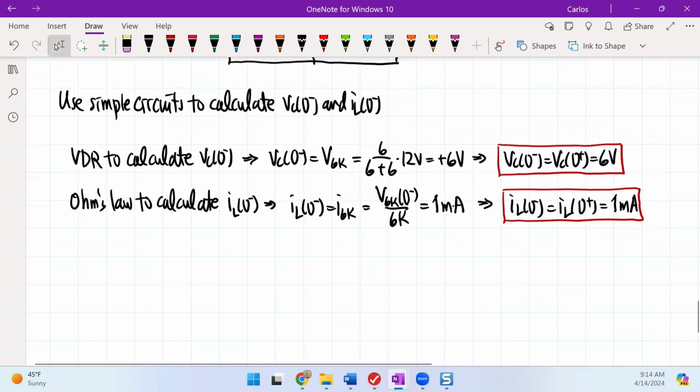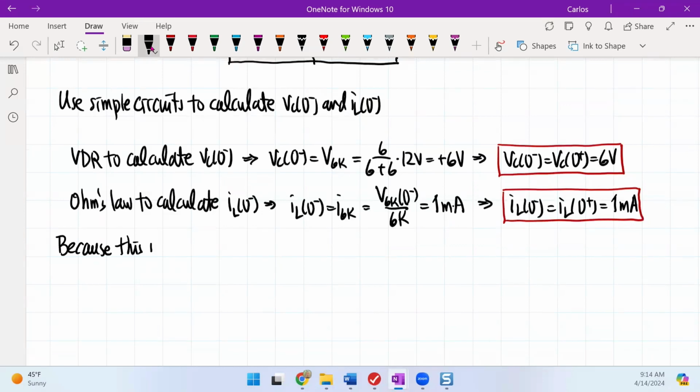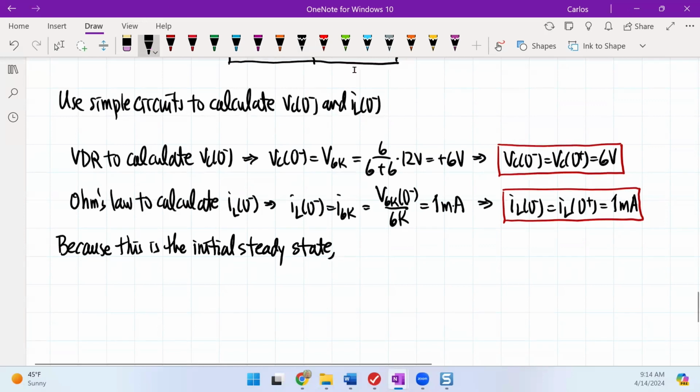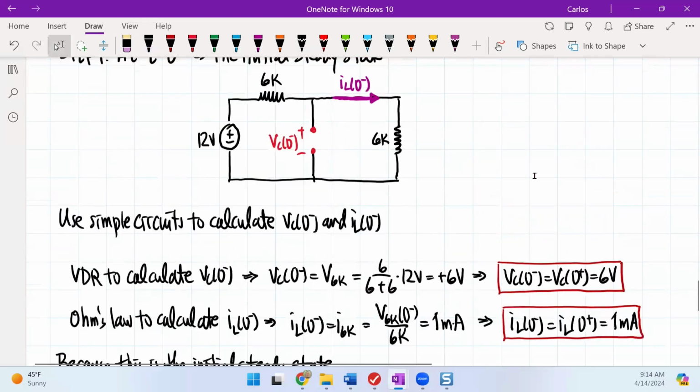On a further note, because this is the initial steady state, there is no current through the capacitor.